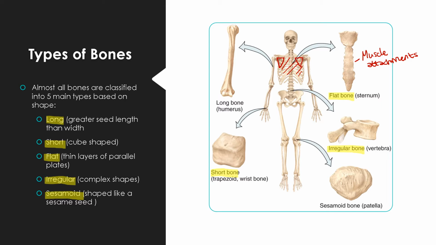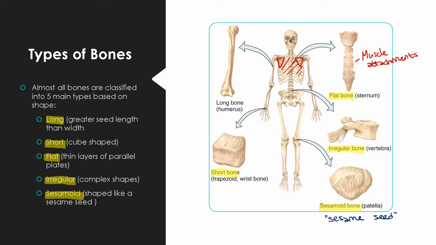Then there are the sesamoid bones. Now sesamoid, this term literally means shaped like a sesame seed. And sesamoid bones develop in certain tendons where there is considerable friction.